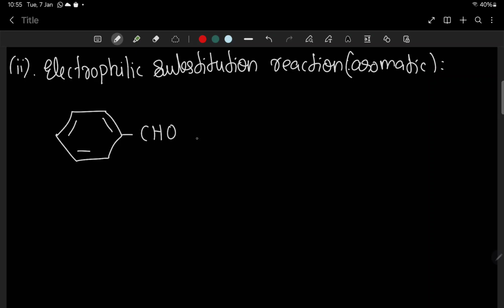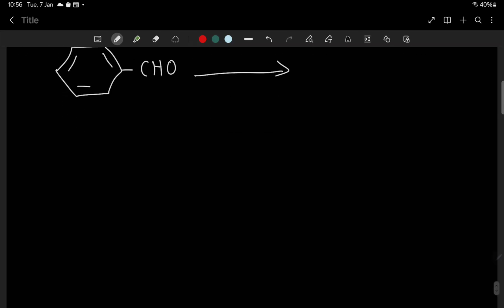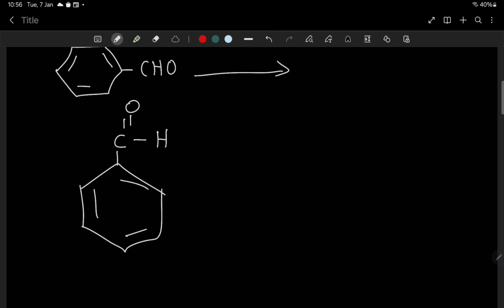Aromatic aldehyde, that is benzaldehyde. So look, benzaldehyde, I am taking the compound. There is a basic theory that I wanted everyone to learn.